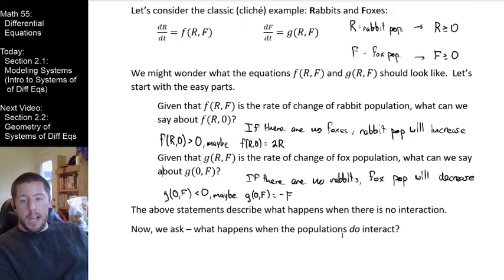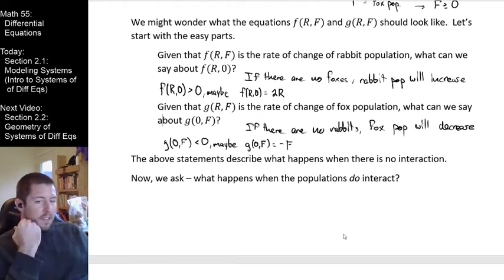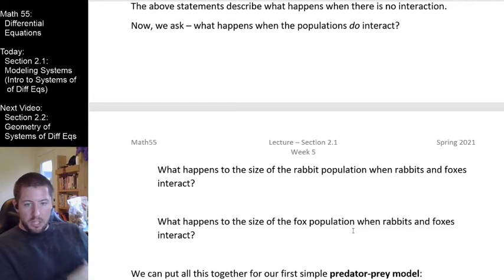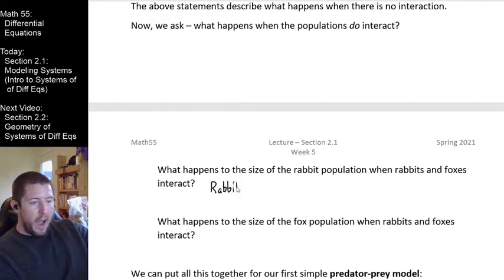So what we really want to ask ourselves is, what happens when rabbits and foxes interact with each other? How does that alter the population counts for them? So what happens to the size of the rabbit population when rabbits and foxes interact? Well, the rabbit population should decline when they interact because rabbits and foxes don't play together, as my child's books will suggest. Foxes eat rabbits, so this is a negative experience for the rabbits, but this should be a positive experience for the foxes, right?